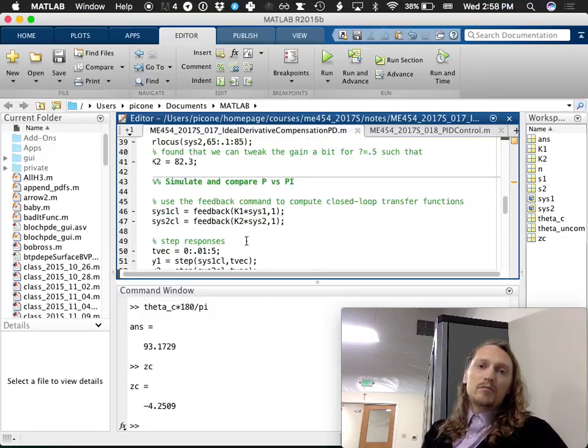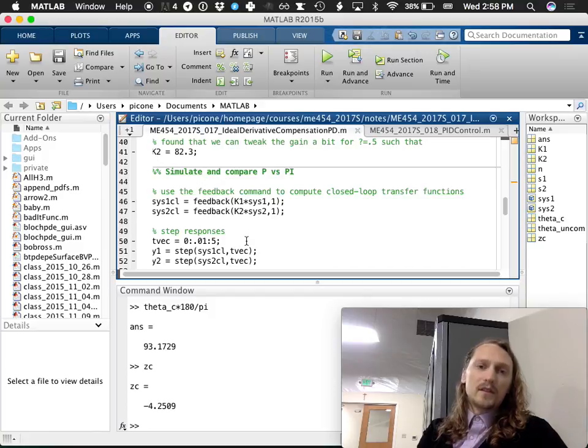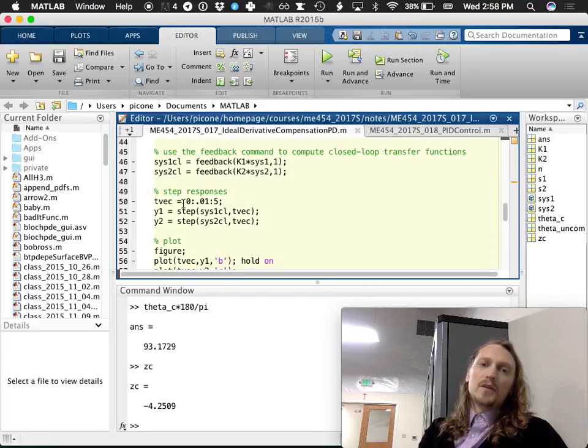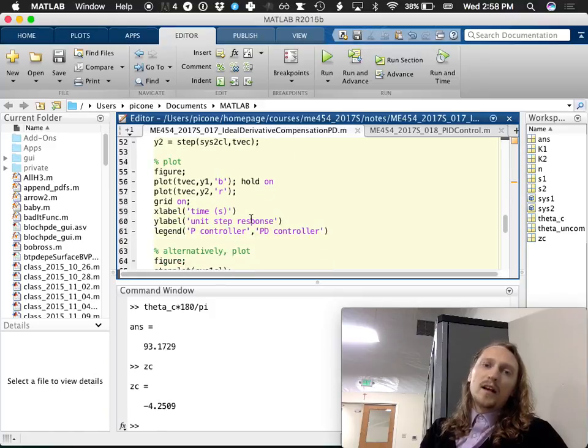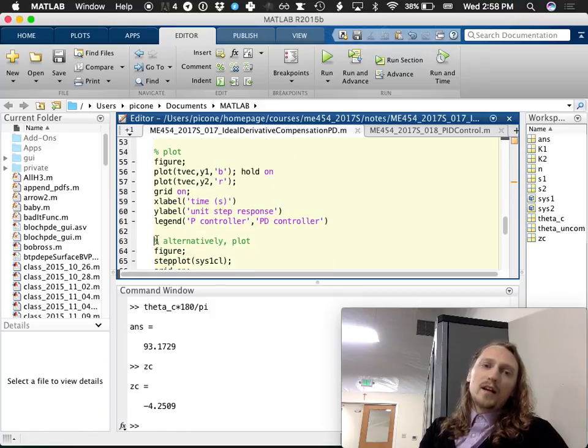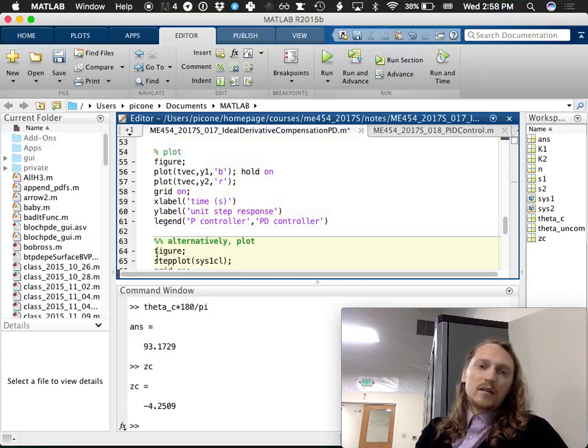We'll simulate from 0 to 5 seconds, do a step response of each, and plot them. I'll do this one first. Let's see what it looks like.